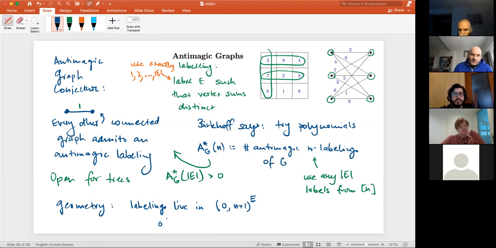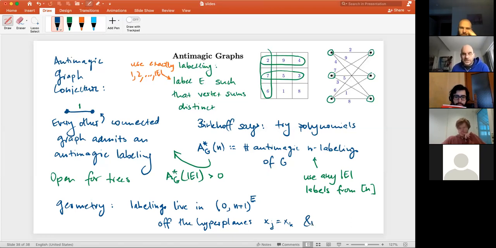And well, they're off some hyperplanes, correct? So what are we not allowing? Well, we're not allowing two labels to be the same. So we take out the braid arrangement in this space. So that's one. So now my labels are distinct.